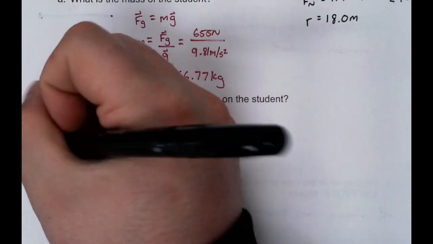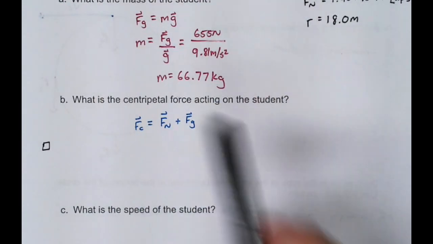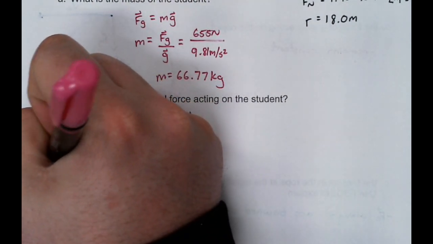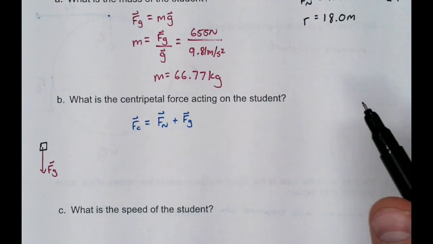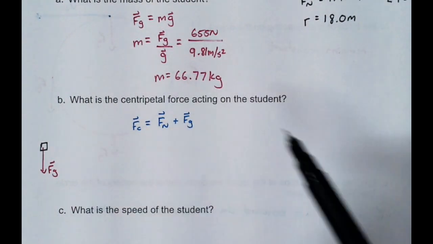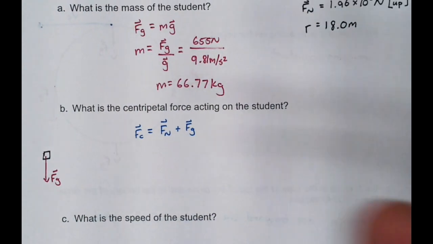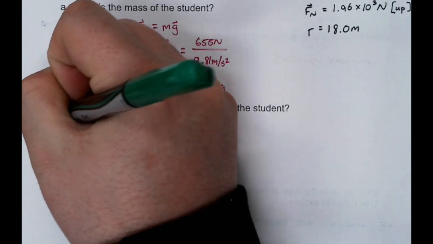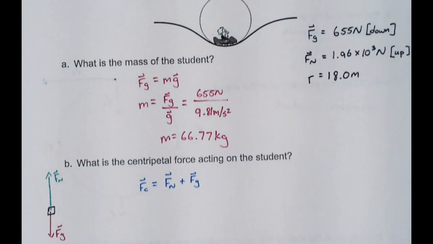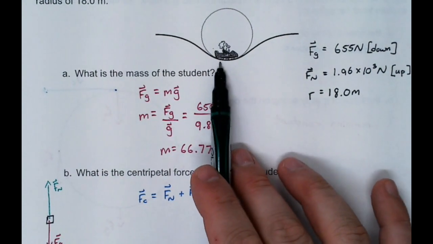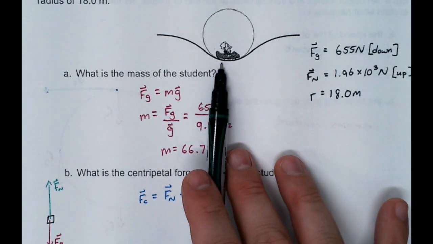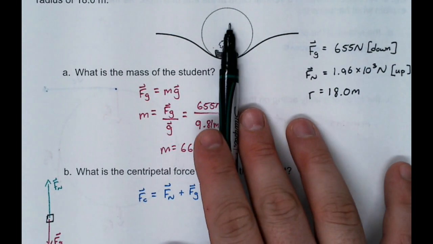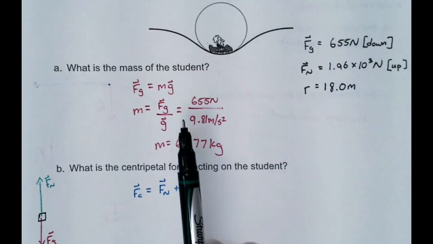If I draw that out in a free body diagram, the force due to gravity is always going to be acting down. The normal force in this case is going to be acting up. The reason I'm taking a normal force that is acting up is because we are at the bottom of the roller coaster. That's the information we're given. So it's going to be acting against the surface, acting up.